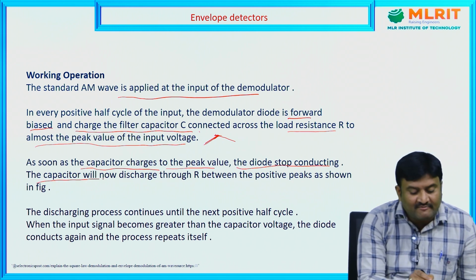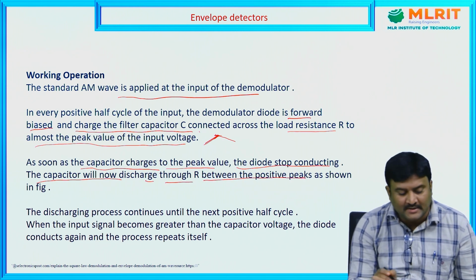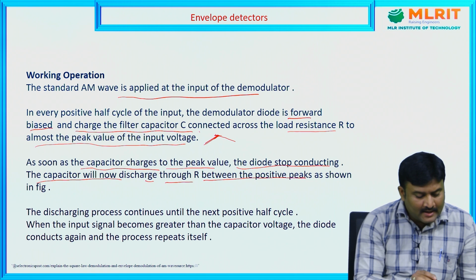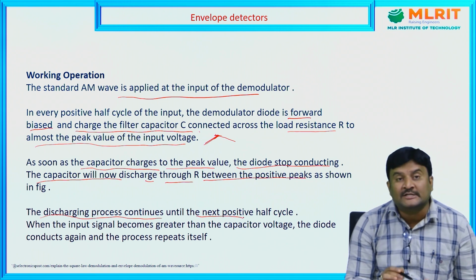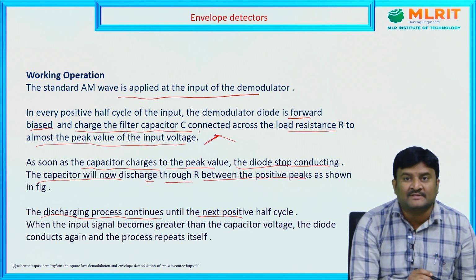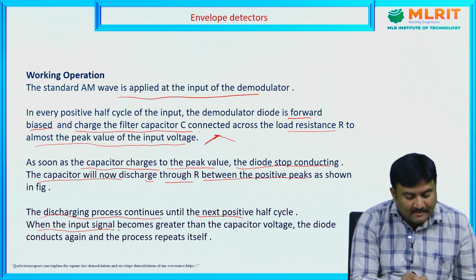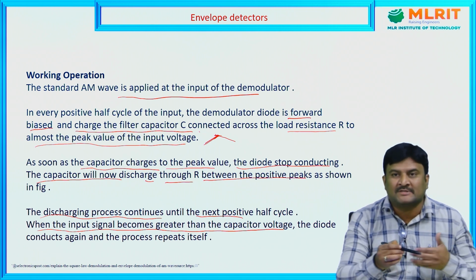The capacitor will now discharge through the resistor between the positive peaks, as shown in the figure. The discharging process continues until the next positive half cycle comes. When the input signal becomes greater than the capacitor voltage, the diode conducts and the process repeats.